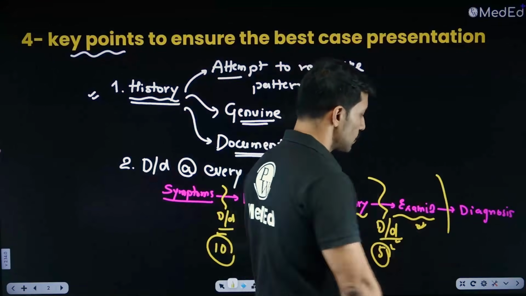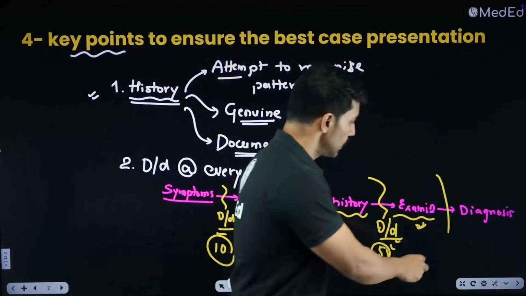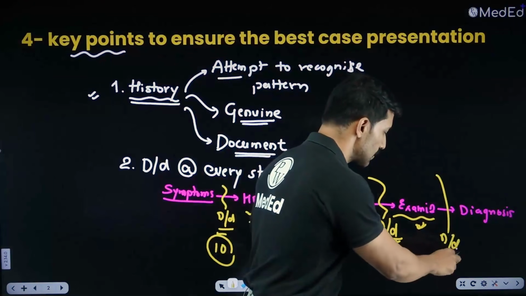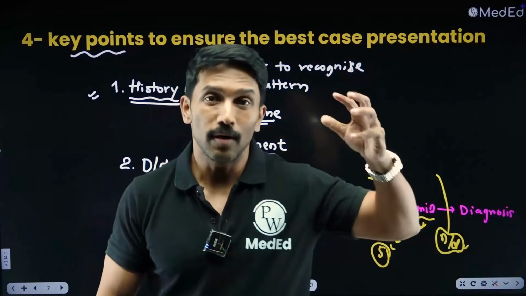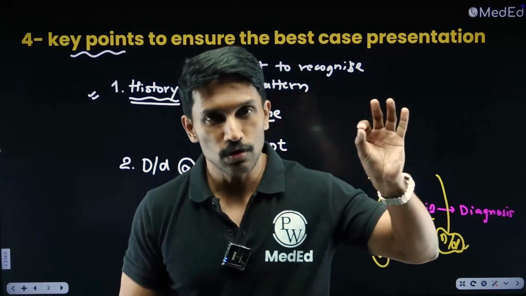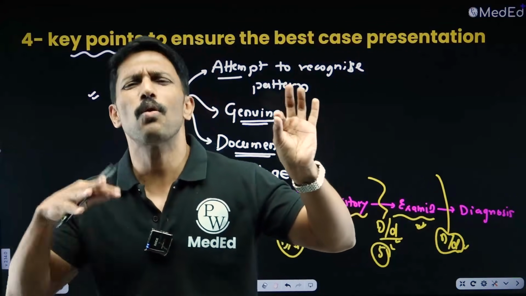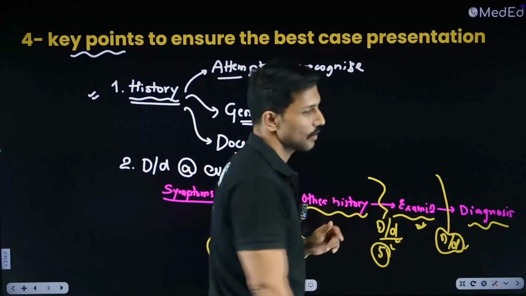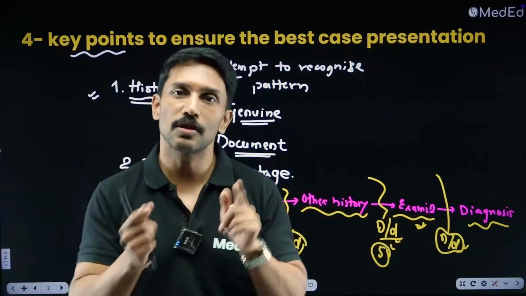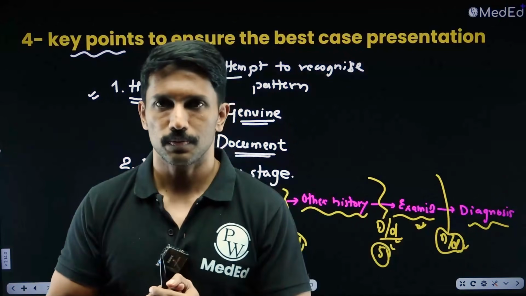So at the end of examination, my differential diagnosis has clearly shown emergence of one as the most likely diagnosis and others as possible diagnoses, right? So now when I present the diagnosis, I will say, sir, this is the most likely diagnosis. These are my differentials for this particular diagnosis.